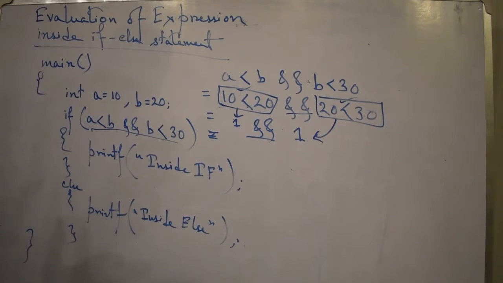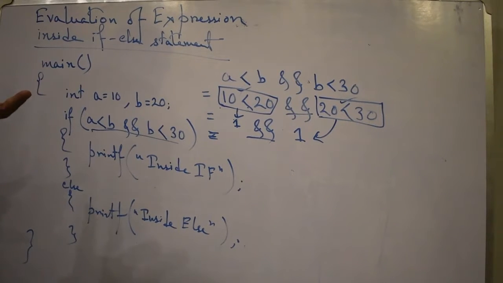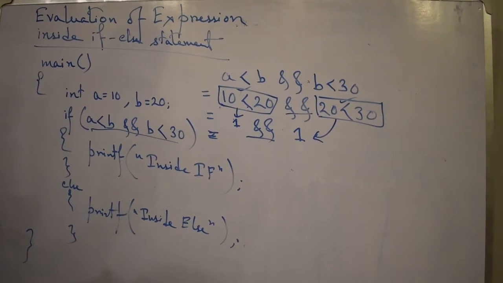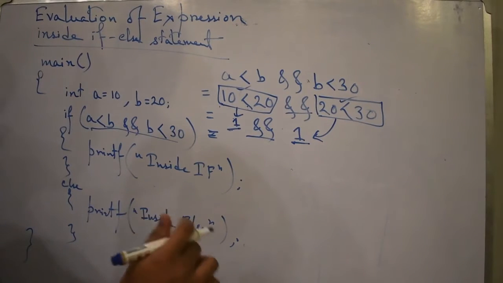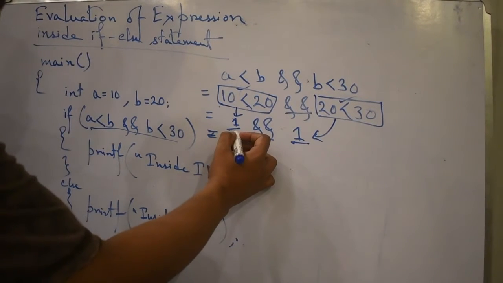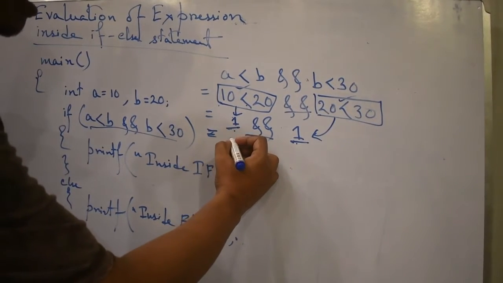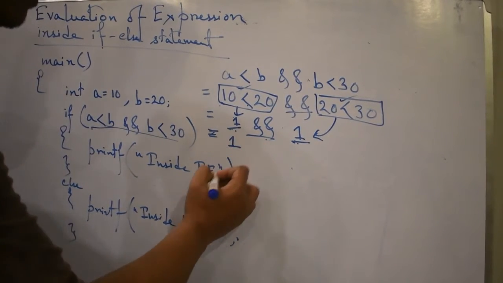If both the values are non-zero, then the output will be 1. If any of the operands is 0, then the output will be 0. Here both the values are 1, which means non-zero and non-zero, so the output is 1.